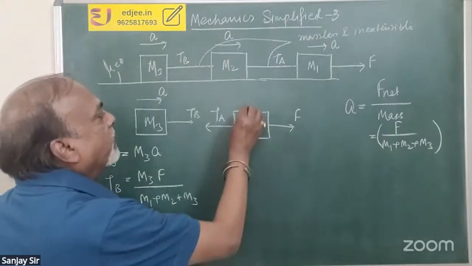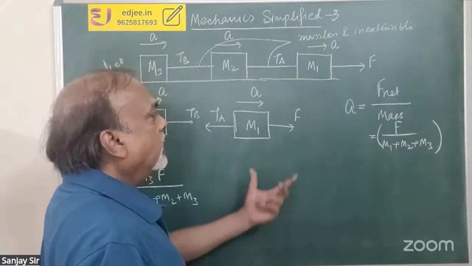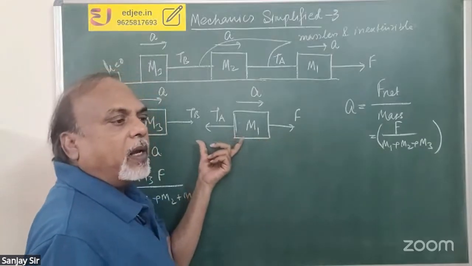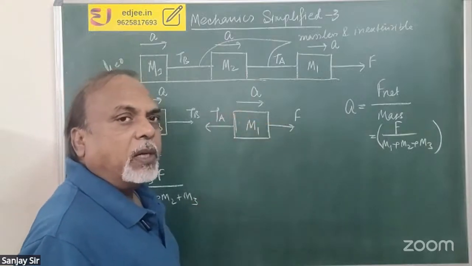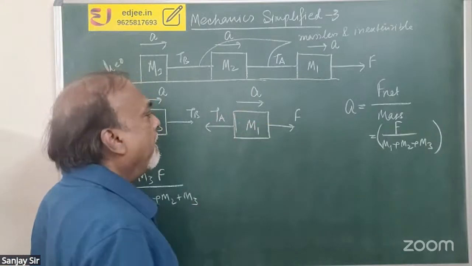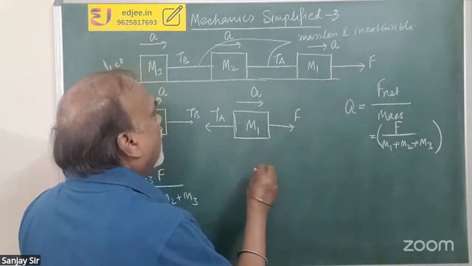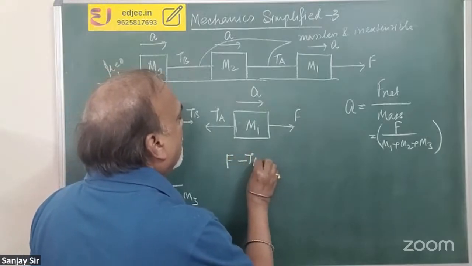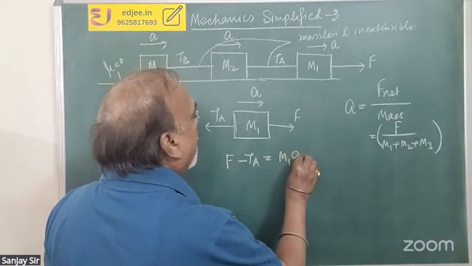This block is moving with acceleration A. That means F is greater than TA. That's why net force is moving this block with the acceleration A. That means your F minus TA is nothing but M1A.